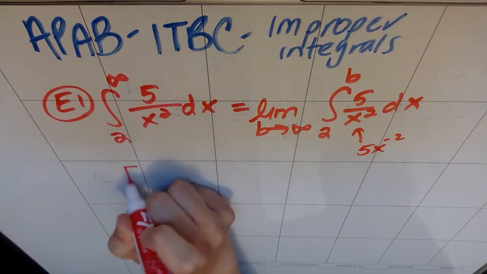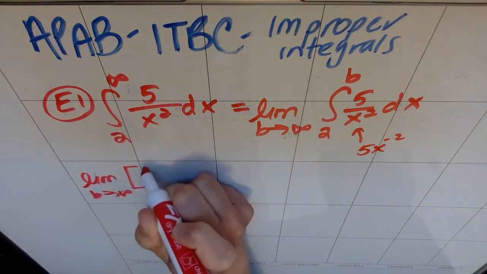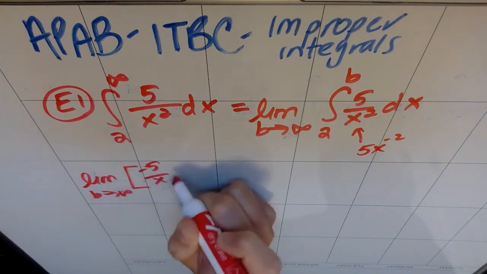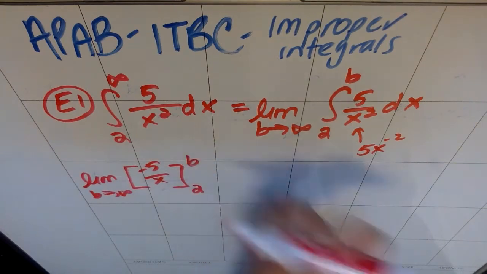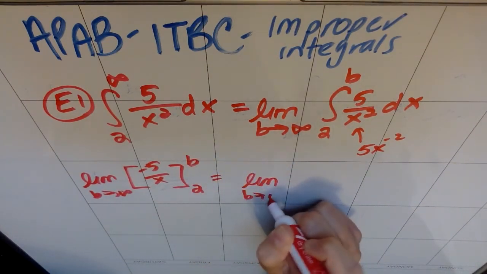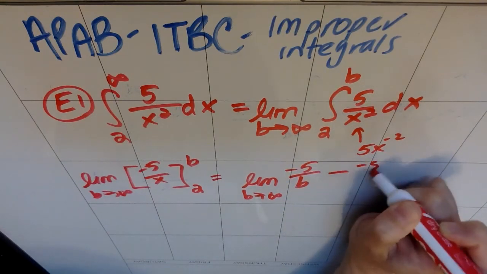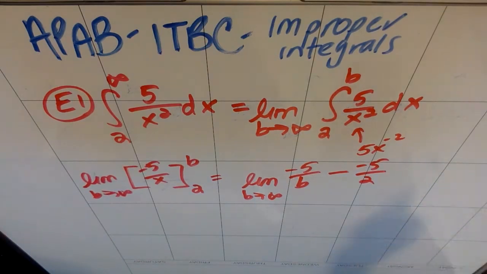So what's going to happen is I'm going to get that this is the limit as b approaches infinity of negative 5 over x evaluated from 2 to b, right? So when I plug in, that's the limit as b approaches infinity of negative 5 over b minus negative 5 over 2, right?